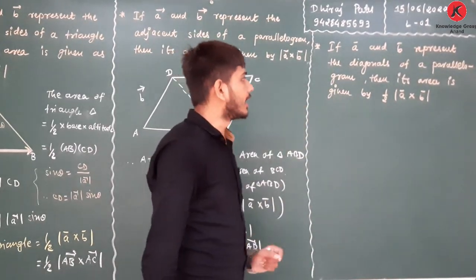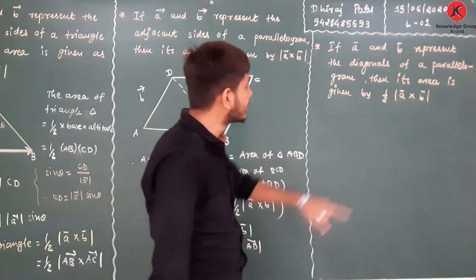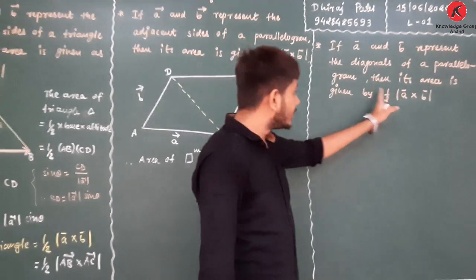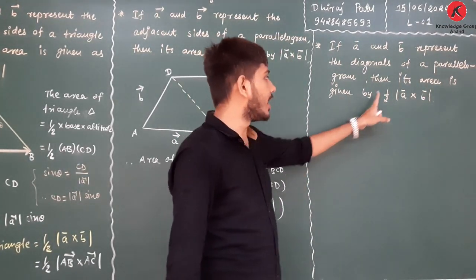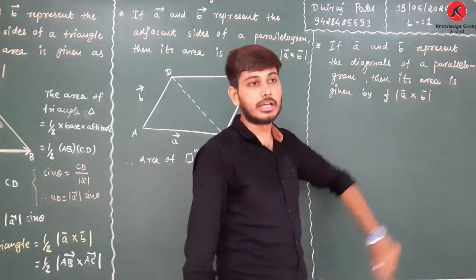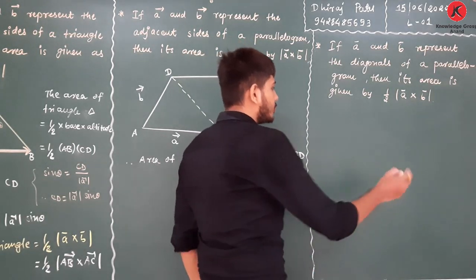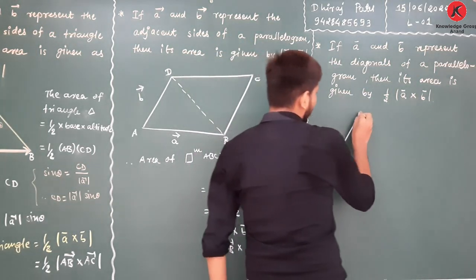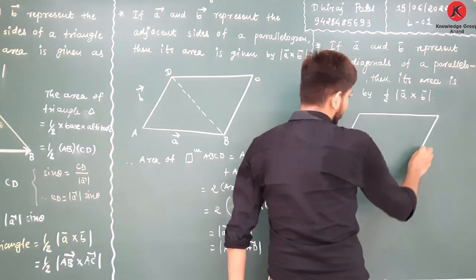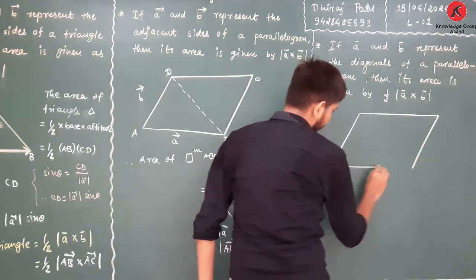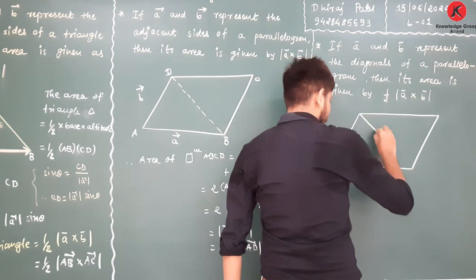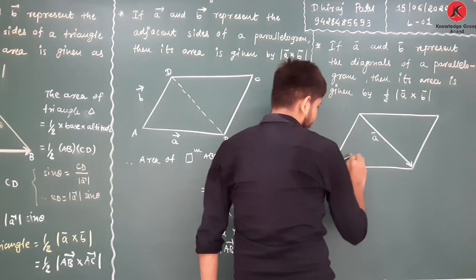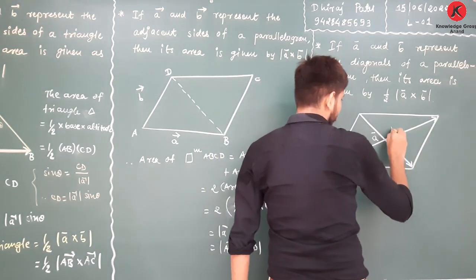If A bar and B bar represent the diagonals of a parallelogram, then its area is given by half of magnitude of A bar cross B bar. ધ્યાન રાખજો, જ્યારે ડાયાગોનલ્સ આપ્યા હોય ત્યારે તમારે હાફ લેવું પડશે. Suppose this is the vector A bar and this is the vector B bar.